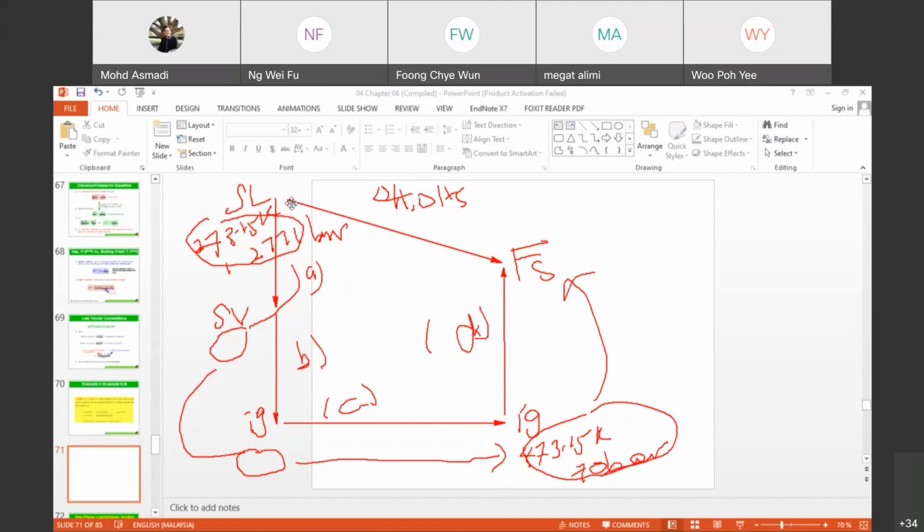Okay, for A, what equation do we have to use to calculate the enthalpy? What heat is this from liquid to vapor? Anyone? Azima?